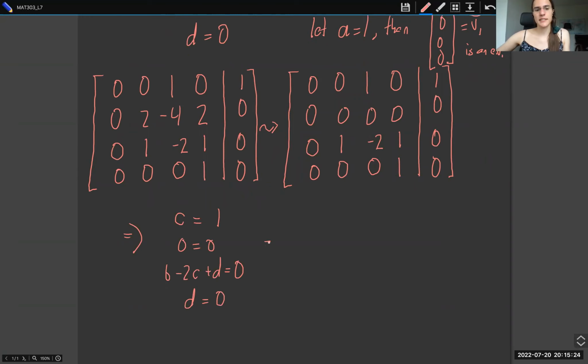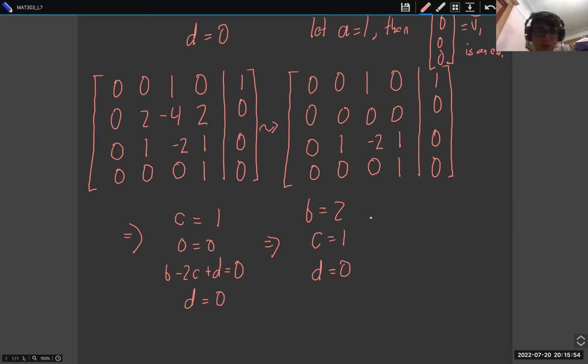So what does that tell us? So D is equal to 0, C is equal to 1, which means that B is equal to 2. C is equal to 1, and D is equal to 0. Now, what are we going to let A be? Zero.